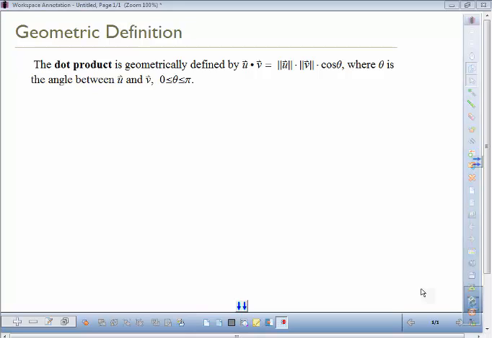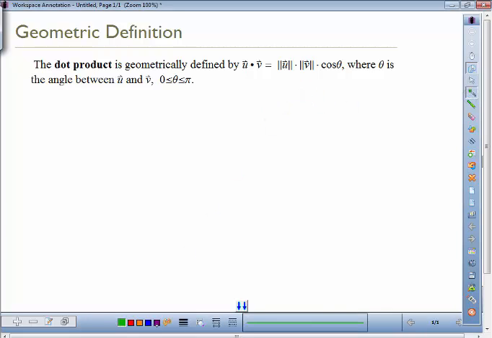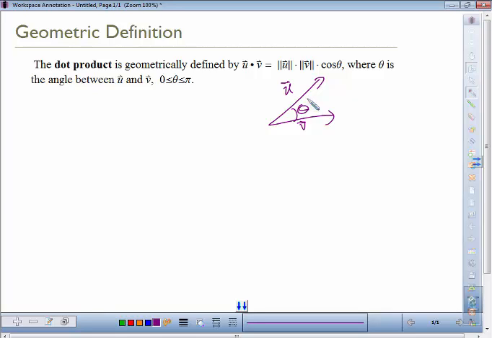One of the definitions of the dot product had something to do with the angle between them and the cosine of that angle. And so this, for us, finds a way to find angles between two vectors by solving for theta.